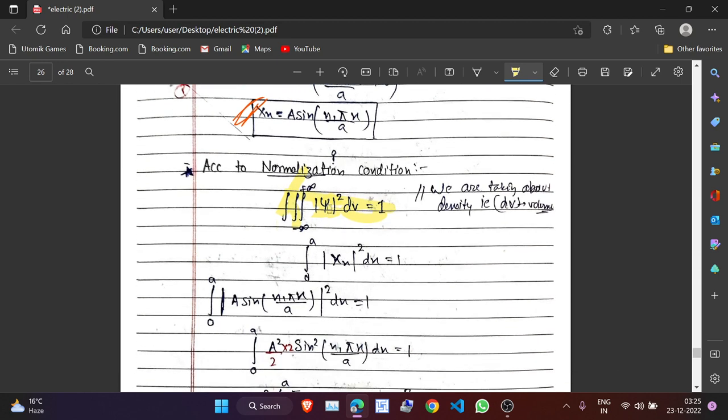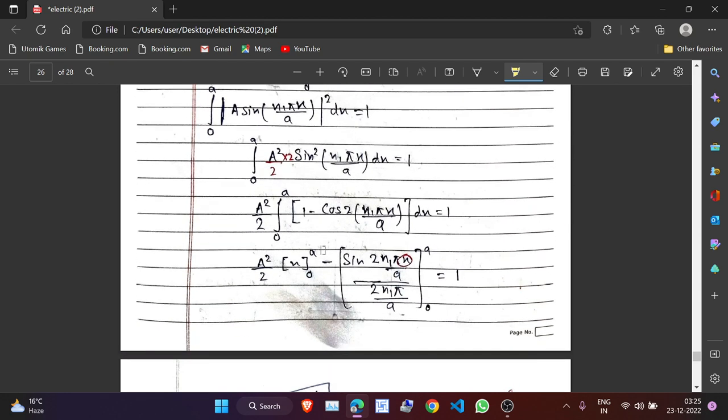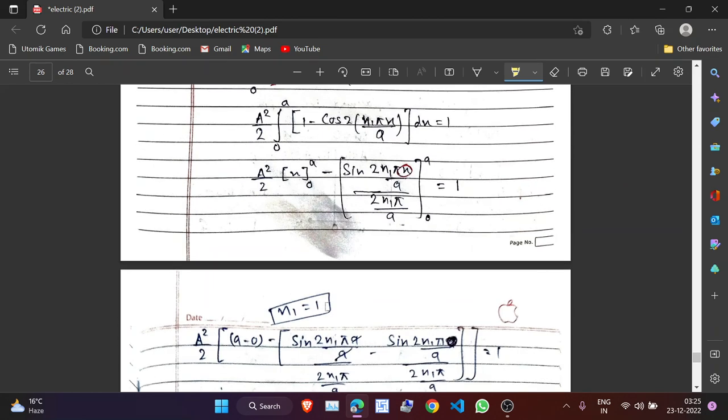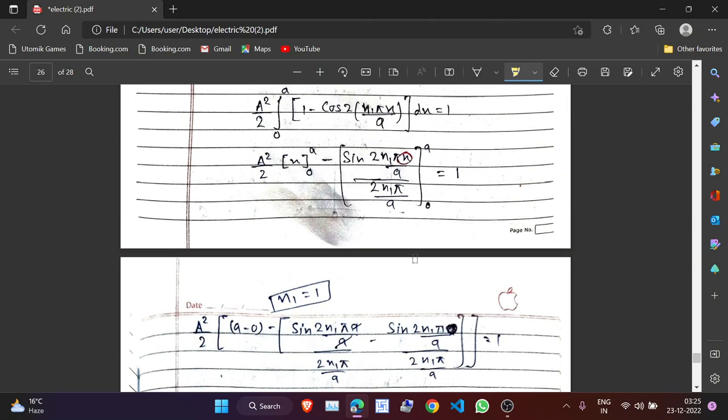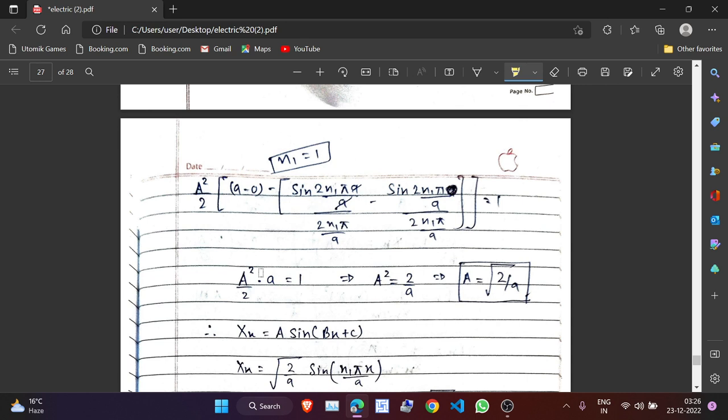So psi is equal to psi x, and after integrating from 0 to a over the volume, we get an equation like this. After putting the upper limit and lower limit, we get a simple equation. It's very simple. All of this turns out to be 0, nothing else.